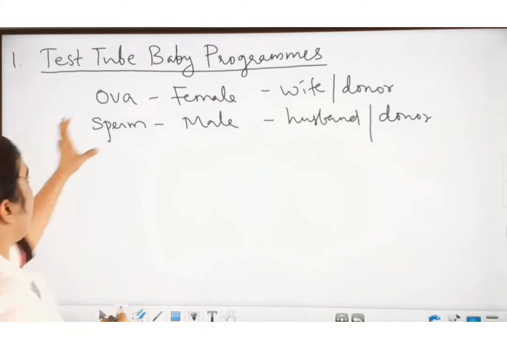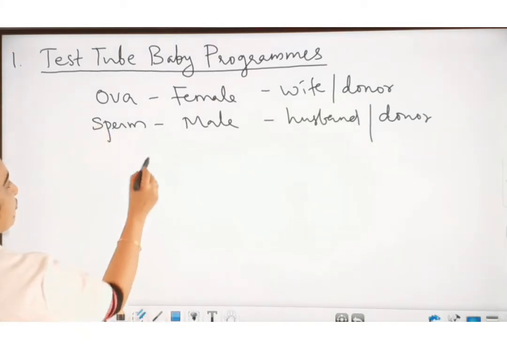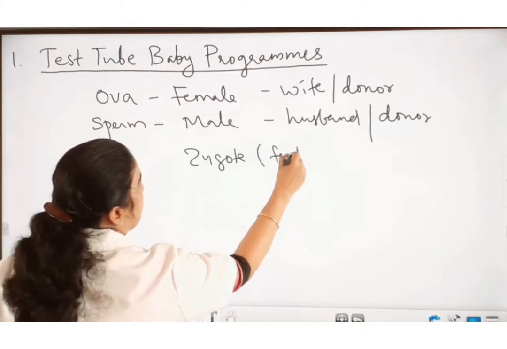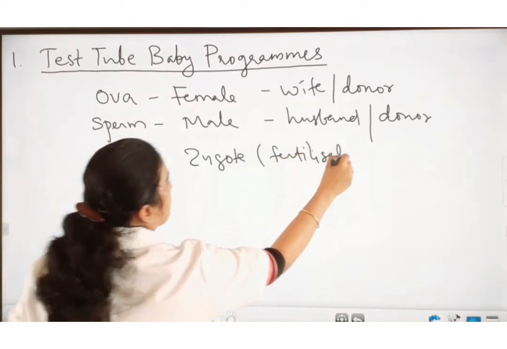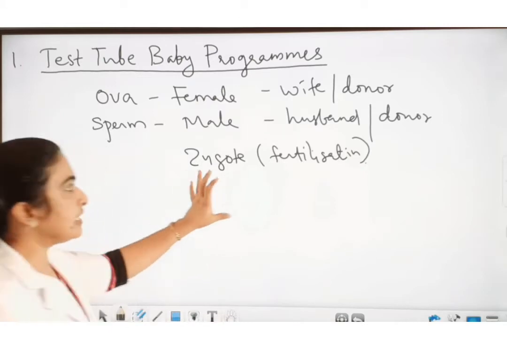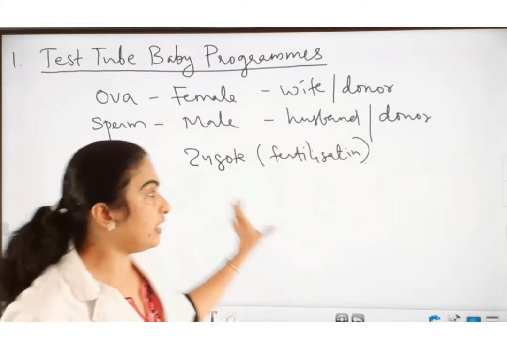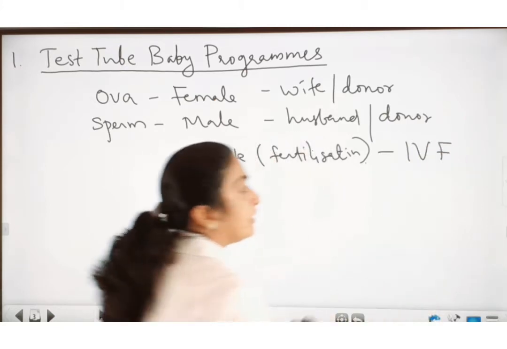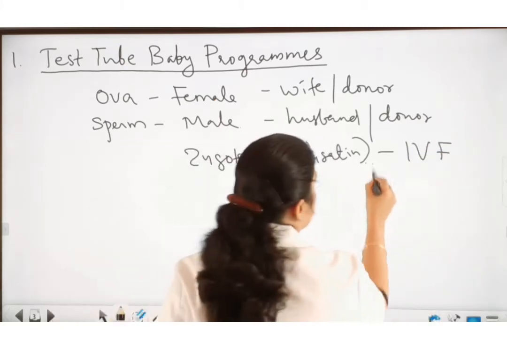Okay, so these ova and sperm are induced to form a zygote by the process of fertilization. So this fertilization occurs in the laboratory. That's why this technique is known as IVF, that is in vitro fertilization.